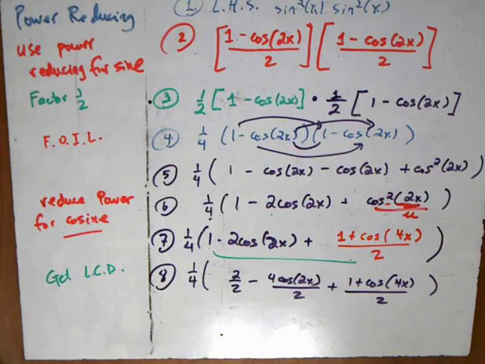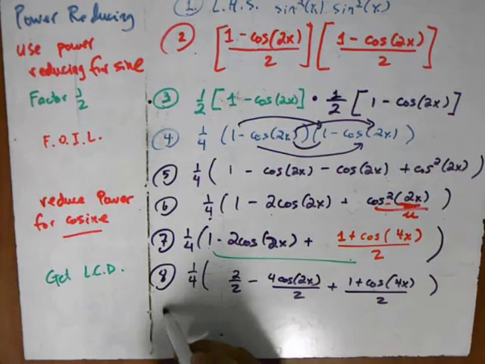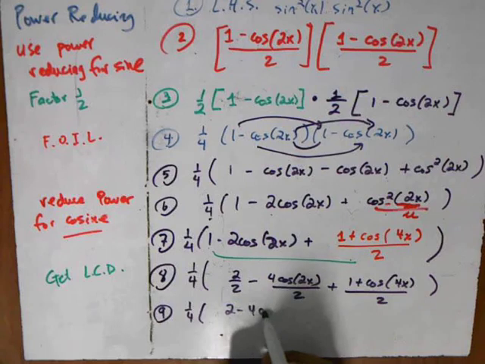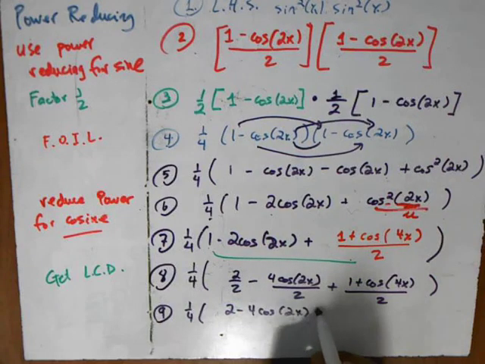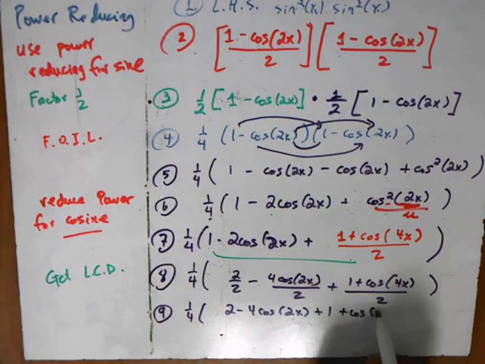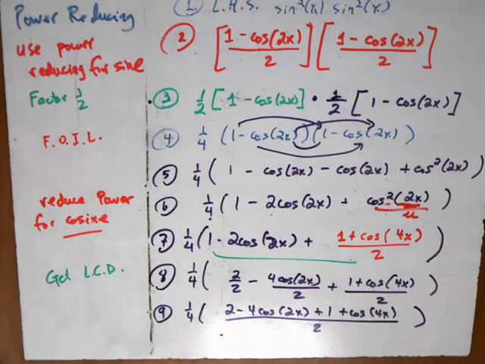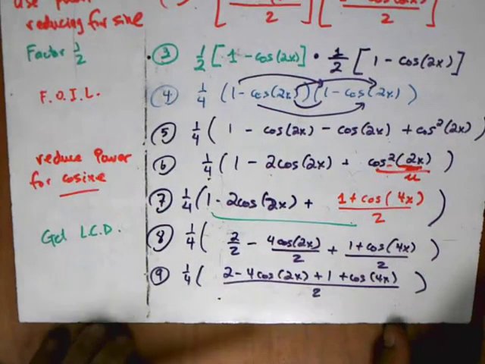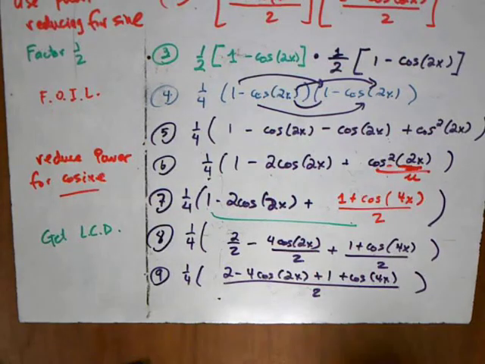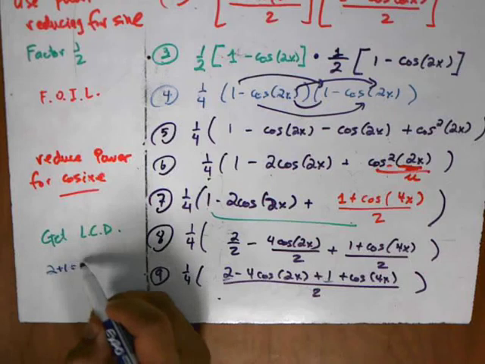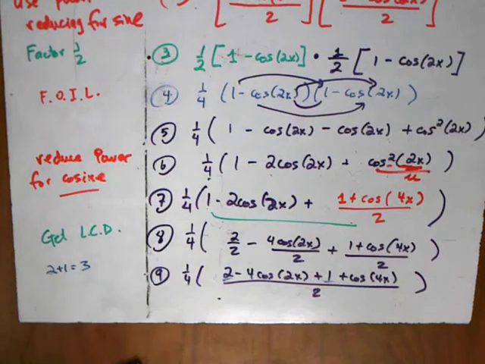Since all of these have the same denominator, I can combine them all together. Then I'm going to combine some of the like terms. You see this 2 and this 1 here, that's going to give us a 3. And this is basically what I want from the original problem.